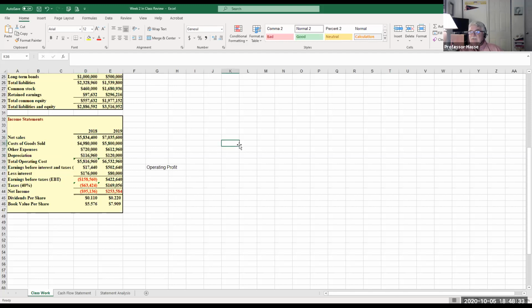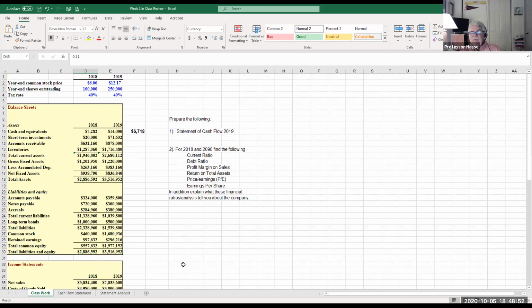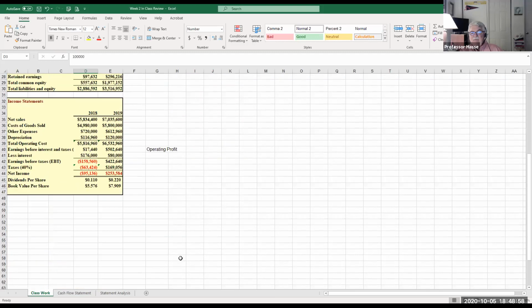Now here's another interesting tidbit from this information. Notice in 2018, they lost $95,000, but they still paid 11 cents a share in dividends. So meaning at the end of 2018, they had 100,000 shares of stock outstanding, of which at the end of the year, they paid 11 cents a share.